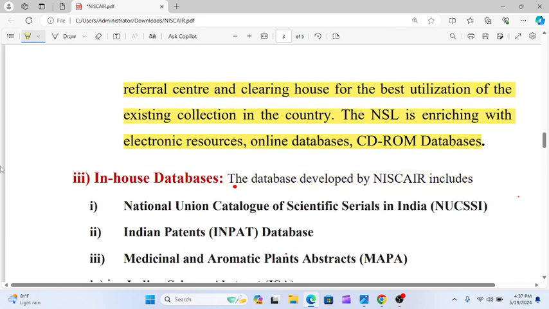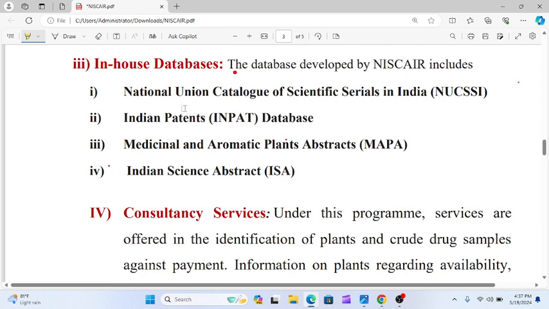Next, in-house databases. The databases developed by NISCAIR are namely the National Union Catalogue of Scientific Serials in India, the Indian Patents Database, Medicinal and Aromatic Plants Abstracts, called MAPA, and Indian Science Abstracts, ISA. So these are the databases published by NISCAIR.